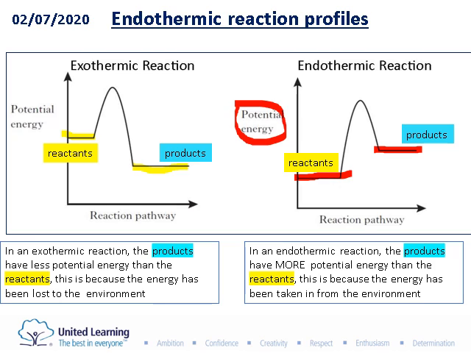So they've taken in energy, and that's why the products have more energy than the reactants. So make sure you're confident with that. Again, if you're not, please go back to last week's lesson and do a recap lesson going over this content.